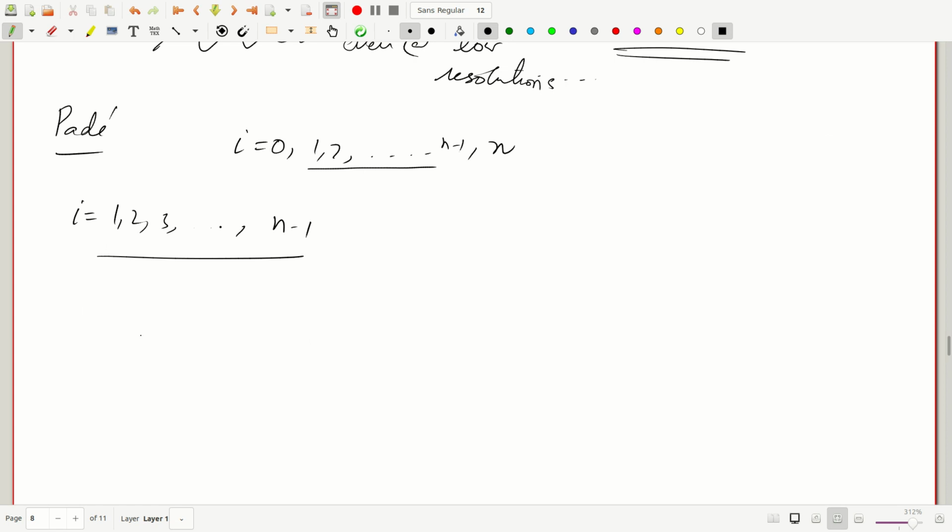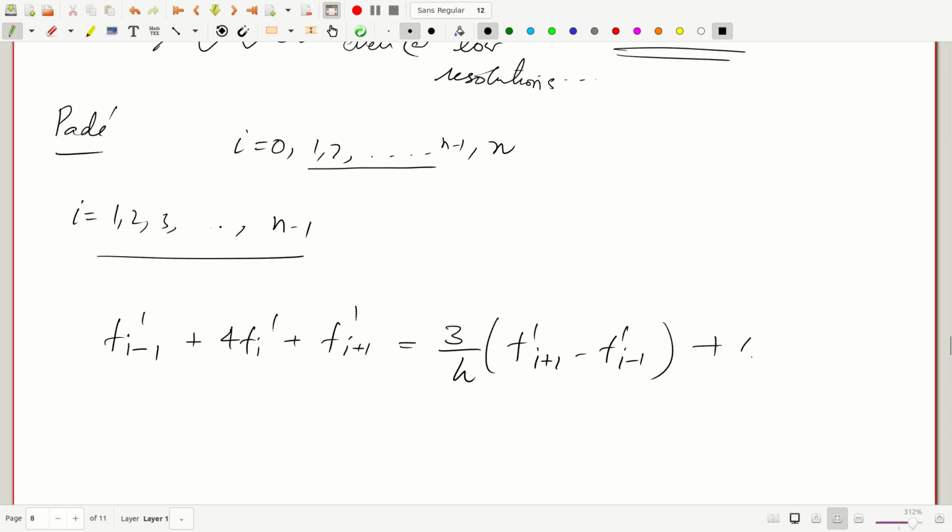That means this is basically f i minus 1 prime plus 4 f i prime plus f i plus 1 prime equals 3 upon h into f of i plus 1 minus f of i minus 1, plus order h to the 4. As you can see, this is a fourth order accurate scheme where the stencil is so compact, it only uses i plus 1 and i minus 1, and it also uses the derivatives at those points to make up for the function values at i plus 2 and i minus 2.